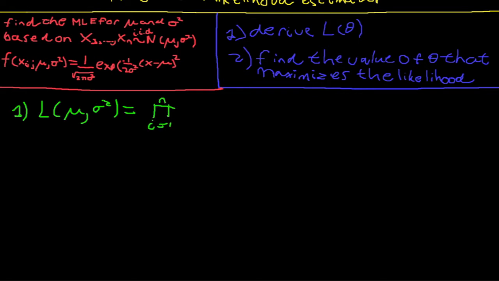But please remember, of course, the definition of the likelihood function doesn't change. That will still be equal to the product from i equals 1 till n of the probability density function of the xi's. And we will just write this out from i equals 1 till n from the PDF.